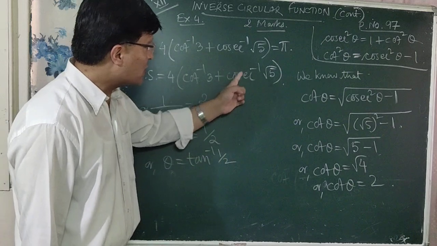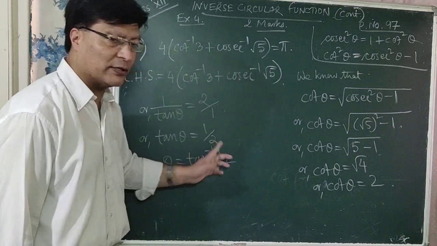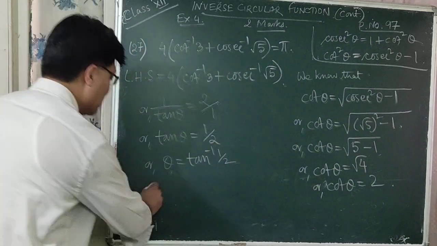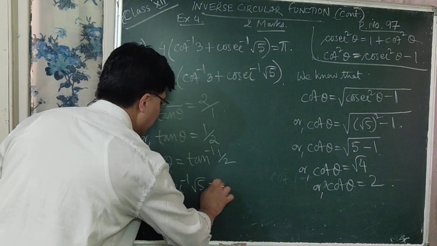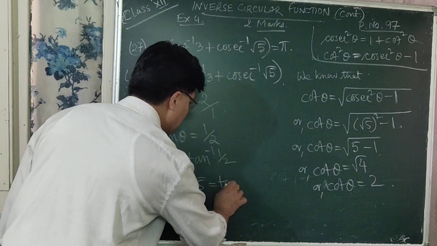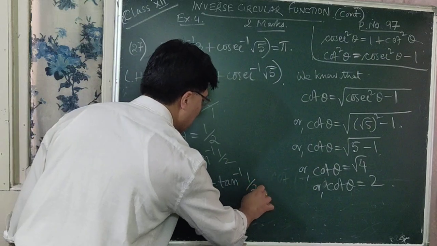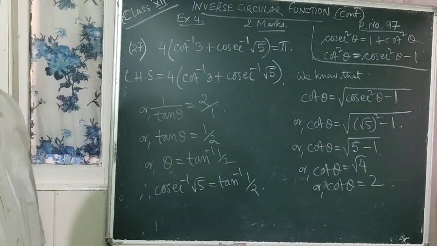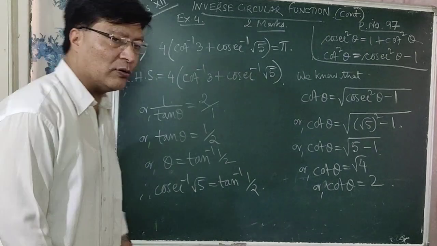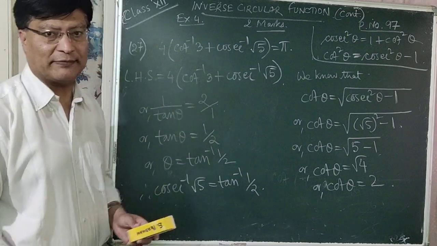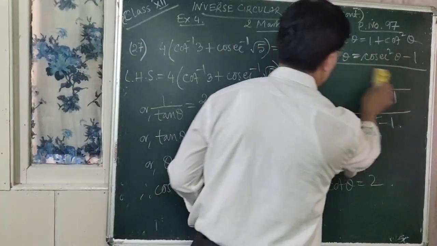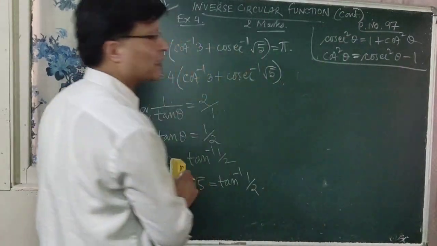That means cosec inverse root 5 and tan inverse half are equal. Therefore cosec inverse root 5 is equal to tan inverse half. Understood now? So now you have to write down the value of cosec inverse root 5 on the left hand side.